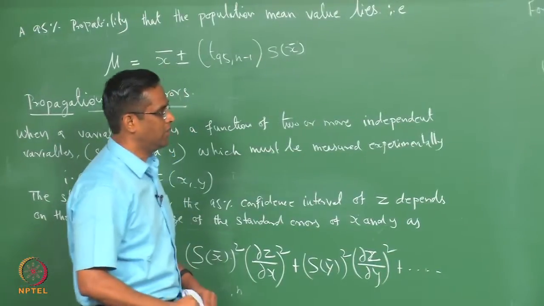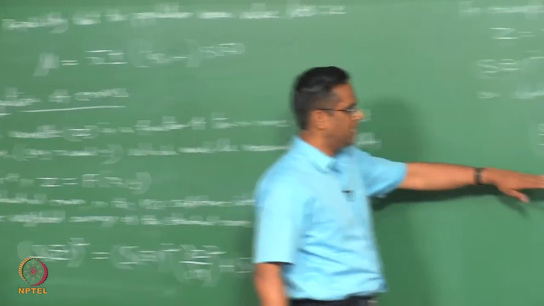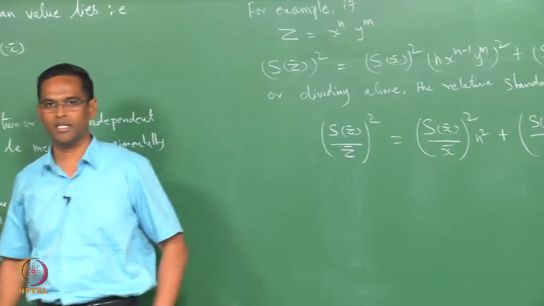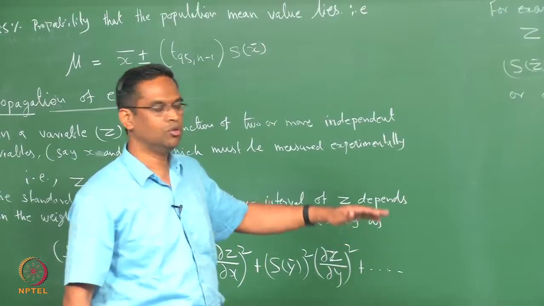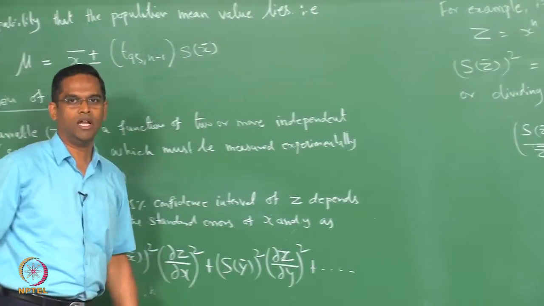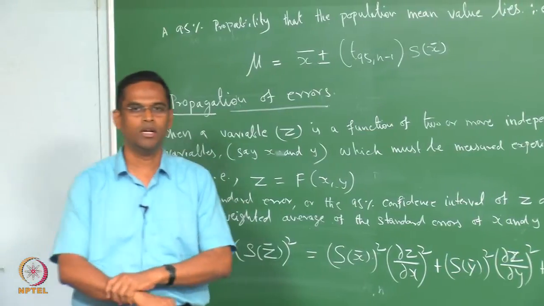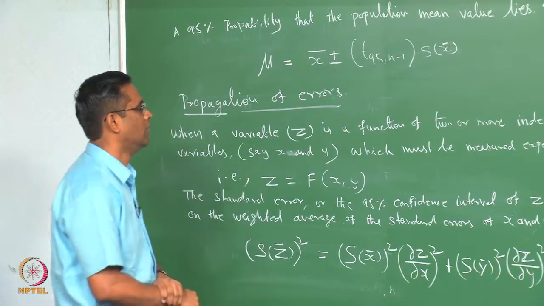So, for example, if you are interested in measuring the grain size or a colony size, we should use the error estimation and then present the results.